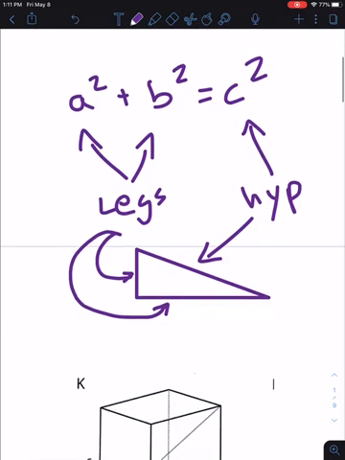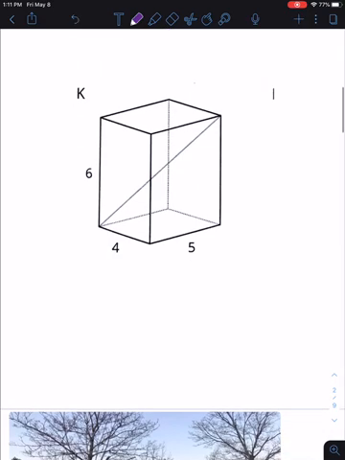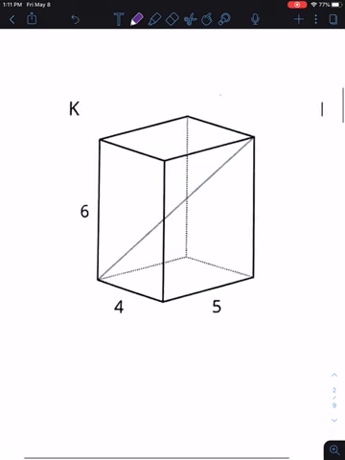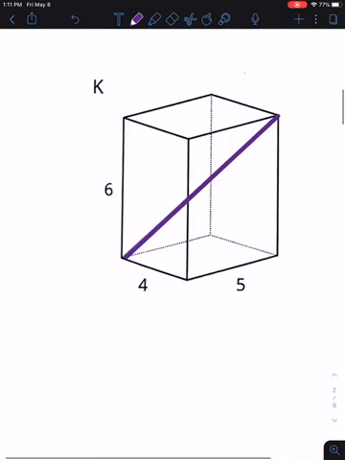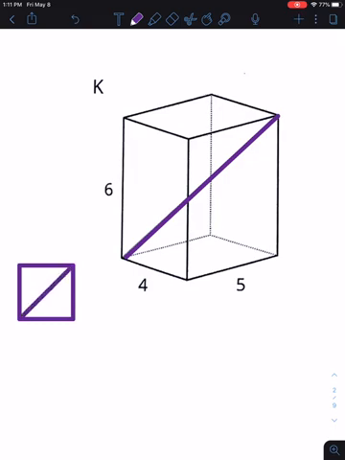There was an example in the book, in one of our activities, with a problem that looks like this, where it asked us to find the length of this line going from one corner of a rectangular prism to another corner. From the top angle, if we were looking on top of the rectangular prism, I'm assuming it goes like this, connecting from this corner to this corner.